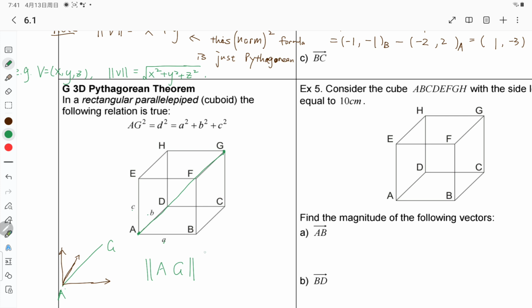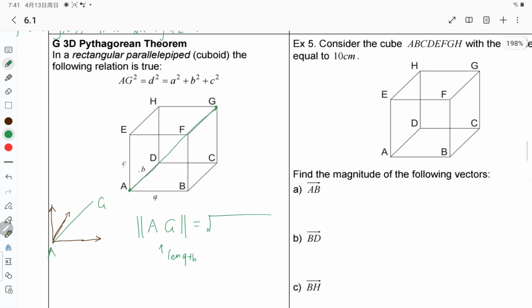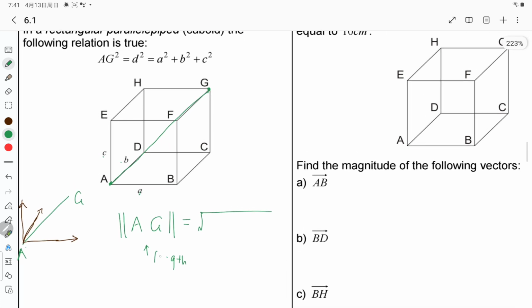The norm without the square is still going to be the length, right? So this is going to be the square root of a squared plus b squared plus c squared, okay?